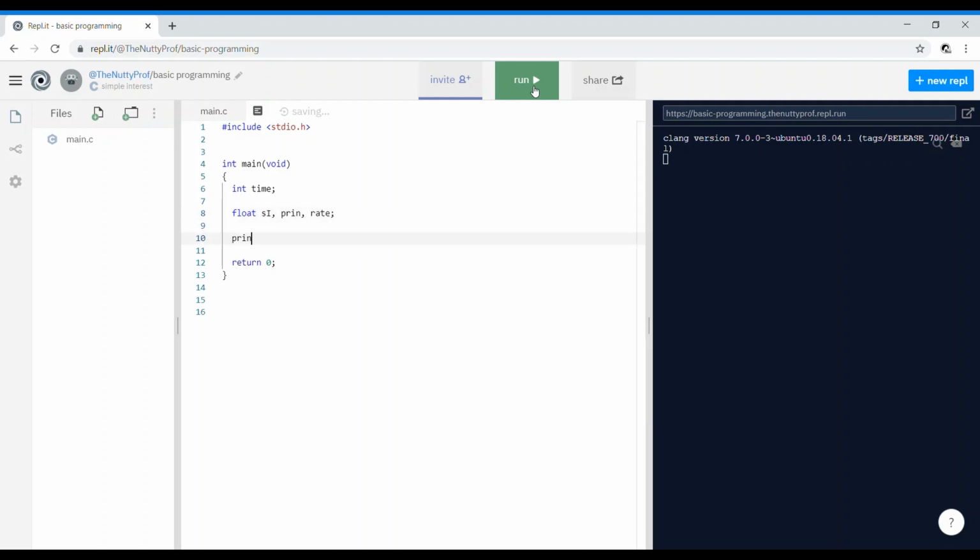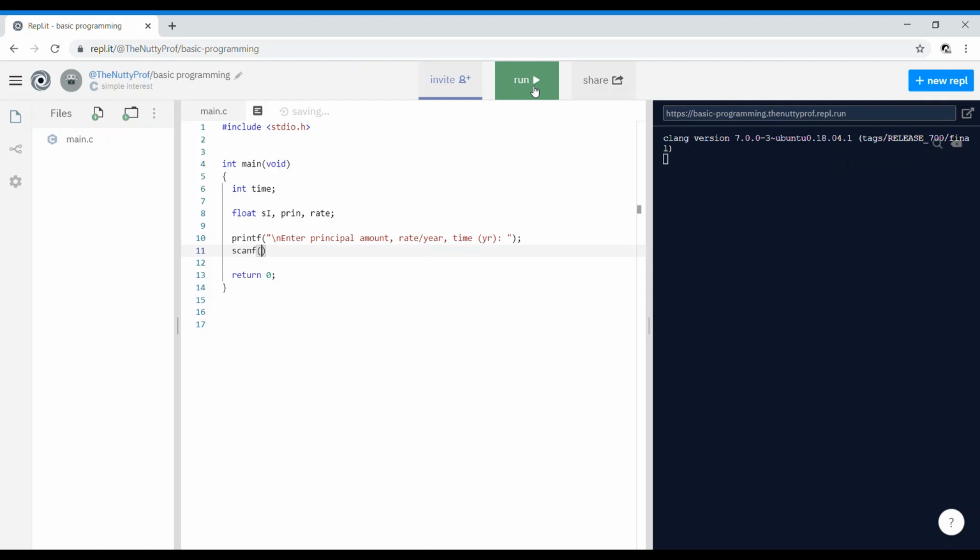So go ahead and ask your user to enter the principal amount, rate. You can write it as rate per year to show your user, and you can say the time and put in brackets years, so that you will be asking the user for the values properly.